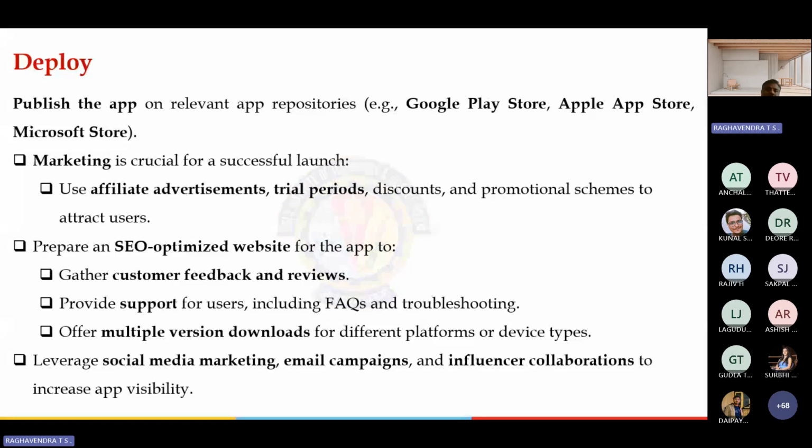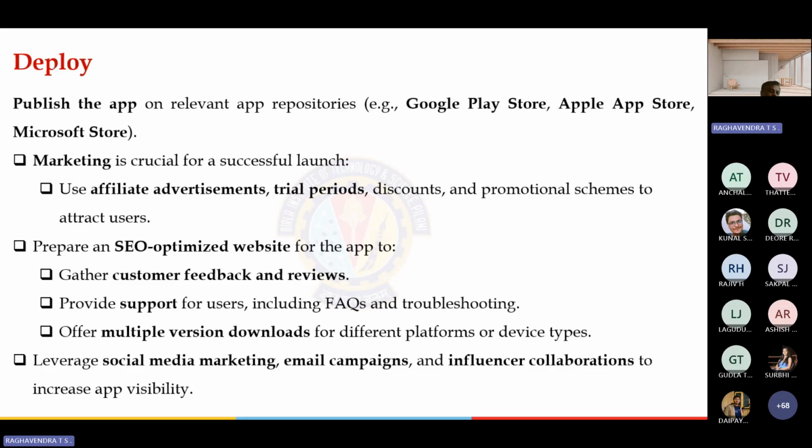So you're going to use the relevant application repositories, where it can be the Google Play Store or Apple App Store, or it could be the Microsoft Store. Managing marketing is crucial for a successful launch. So use better affiliate advertisements and trial periods, discounts and promotional schemes to attract the users.